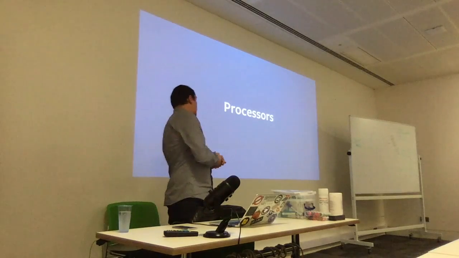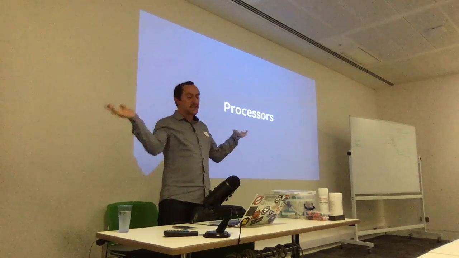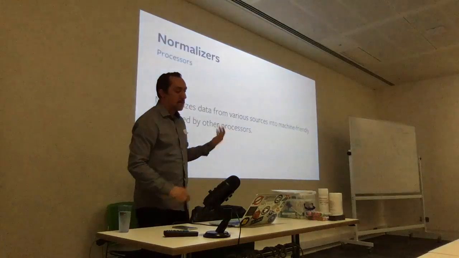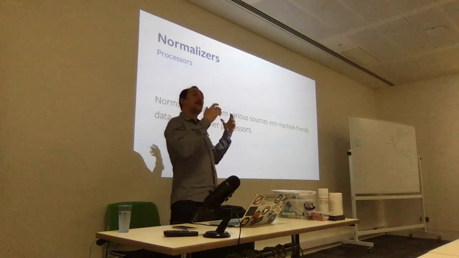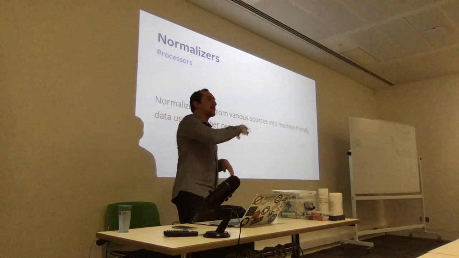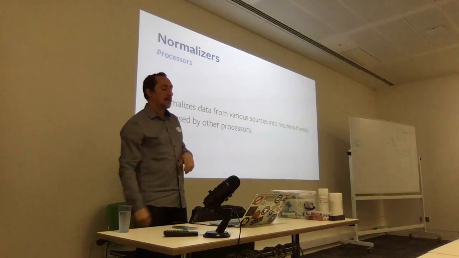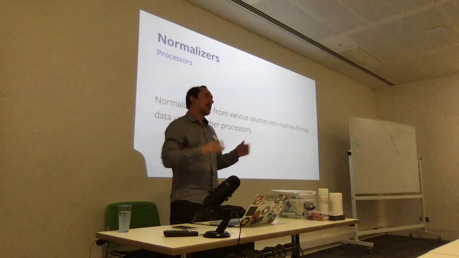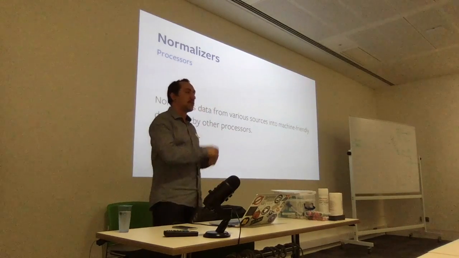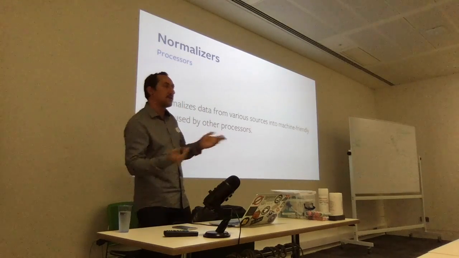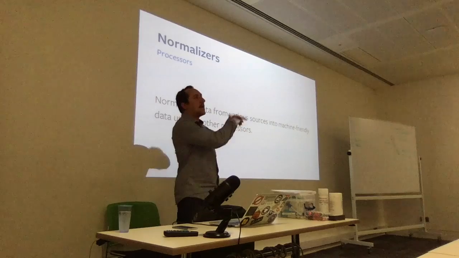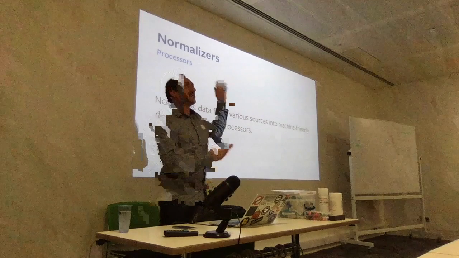On the processor side, we have several different types of processors, and the most common of them is normalizers. Because of the way our collectors work, they land data in several different tables in the warehouse, think of this like a Hive data warehouse, a bunch of massively big tables. These normalizers just go there and say, oh, hey, look, we have 20 different tables from these collectors.